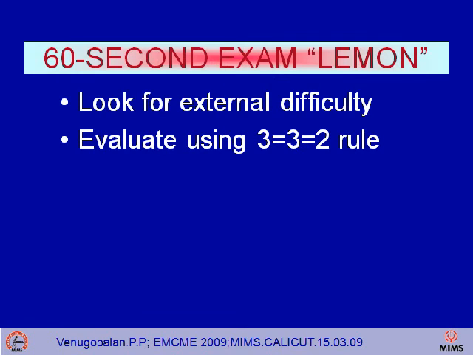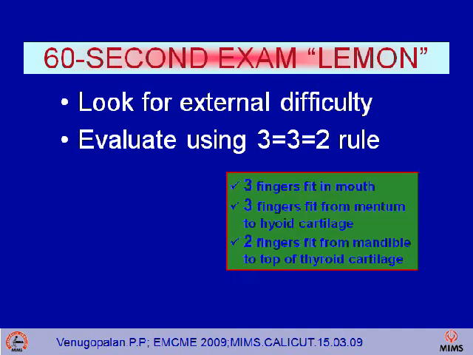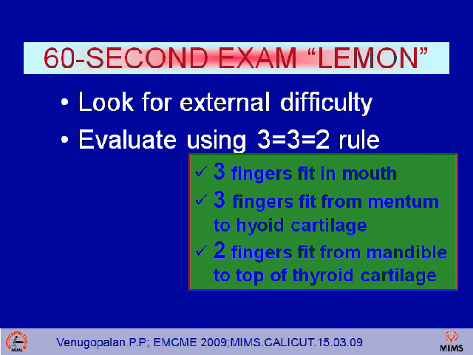The LEMON method of assessment is a 60-second examination of the airway. L is to look externally for any difficulty. E means evaluate the difficulty by using the 3-3-2 rule. The 3-3-2 rule means introducing 3 fingers into the mouth.